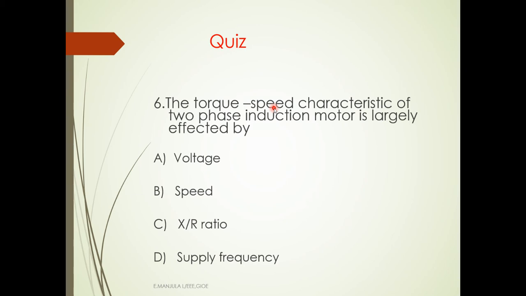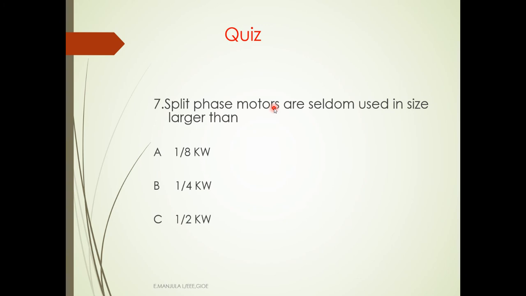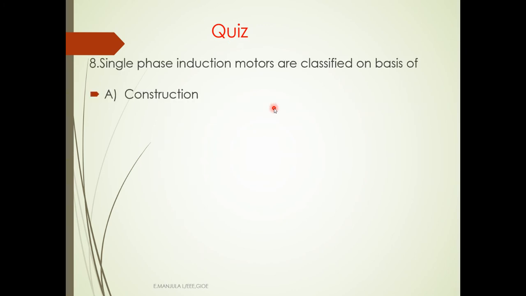The torque speed characteristic of a two-phase induction motor is largely affected by the X by R ratio. Split-phase motors are seldom used in sizes larger than 1 by 4 kilowatts.